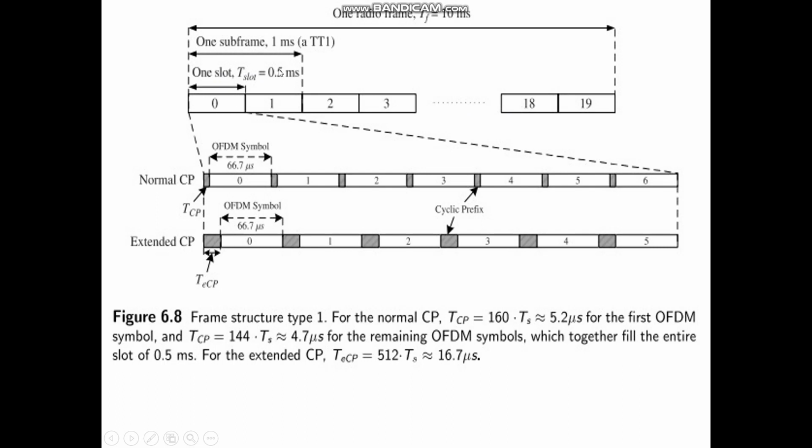Two slots make one subframe of 1 millisecond, which is also called the transmission time interval. And now let us examine each individual slot.